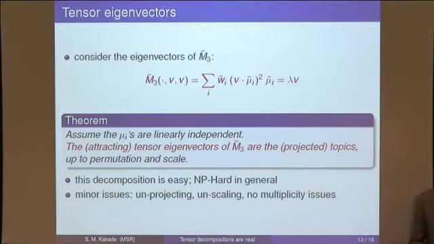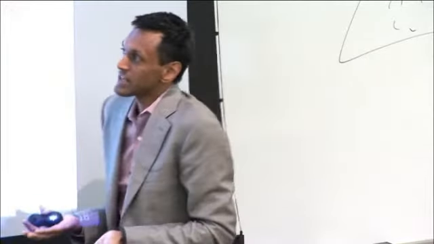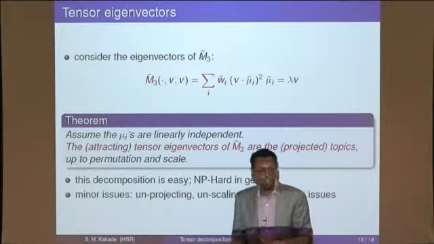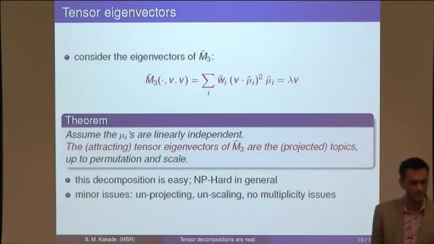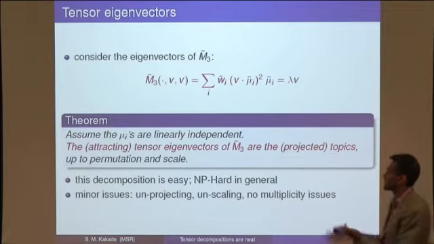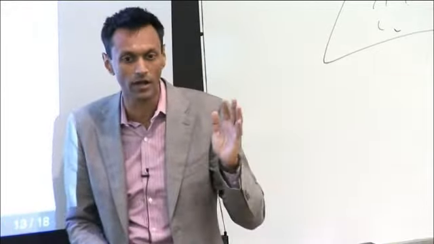So basically all of the tensor eigenvectors are the topics. They're projected and scaled, so it's easy to unproject because we know the whitening matrix. We just slap it back in d dimensions, and then we can figure out the scale because we just make it sum to 1, the probability vectors.